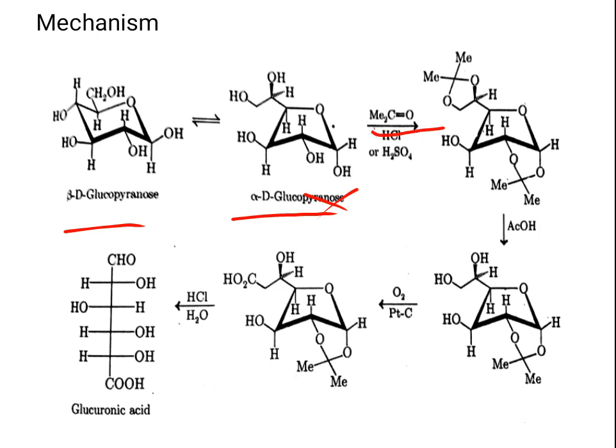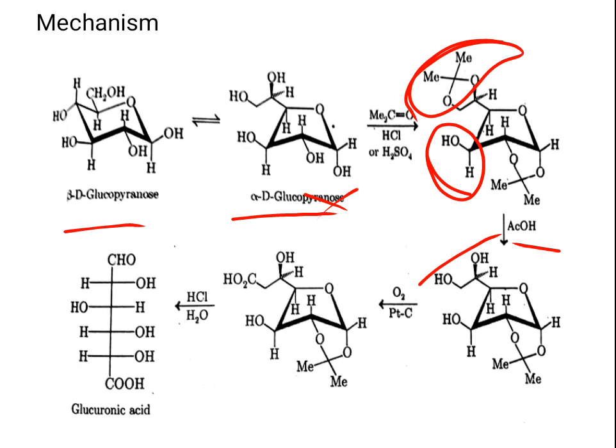Now you are giving acetone in HCl or H2SO4, a dilute acid medium. So this will form this diisopropylidene structure and this third hydroxyl group will be free. Now if you give acetic acid, this will be just converted into the hydroxyl groups, but this portion will remain the same.